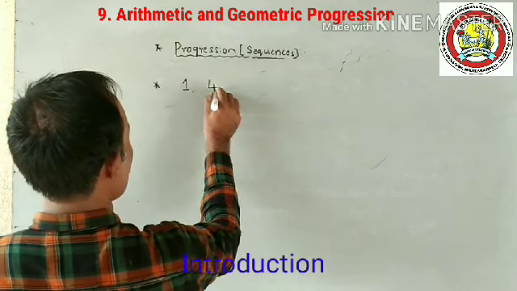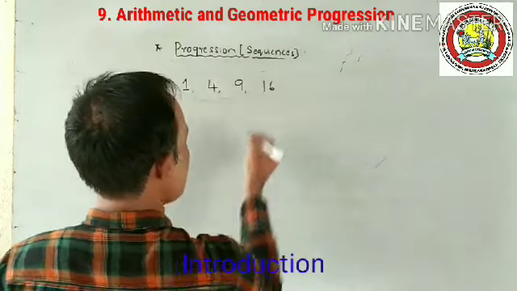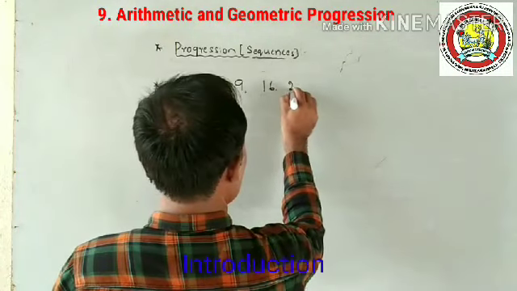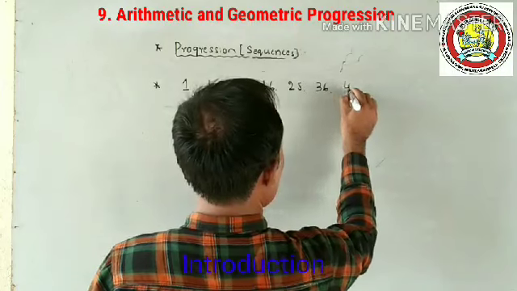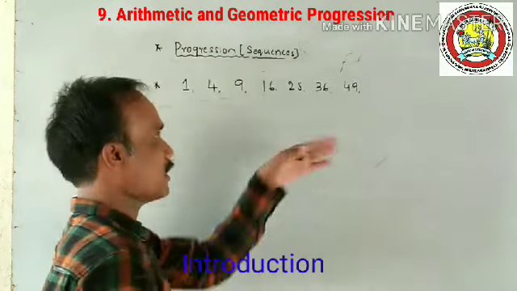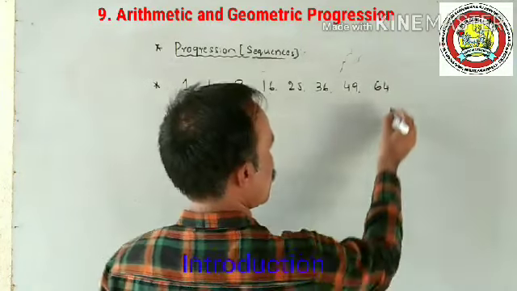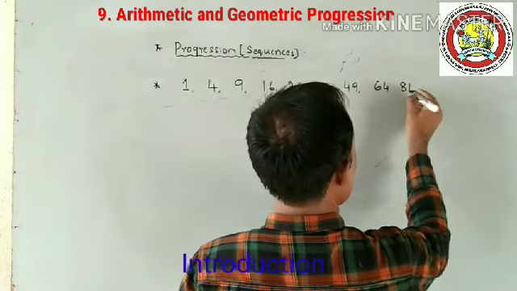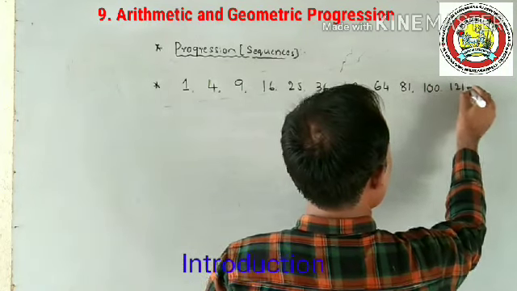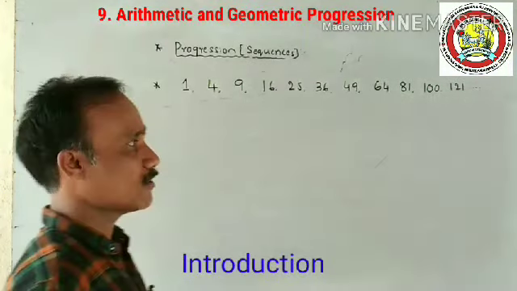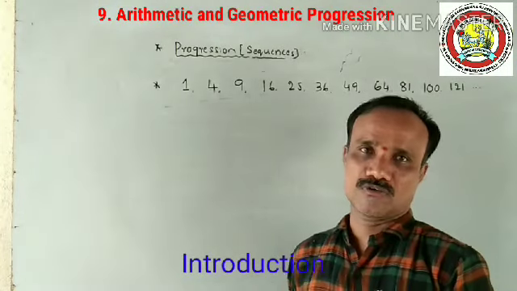1, next 4, next 9, next 16, next 25, next 36, next 49. Can you guess the next term? That's 64. Next term 81. Next term 100. Next term 121. Yes. So how can you say the succeeding term?